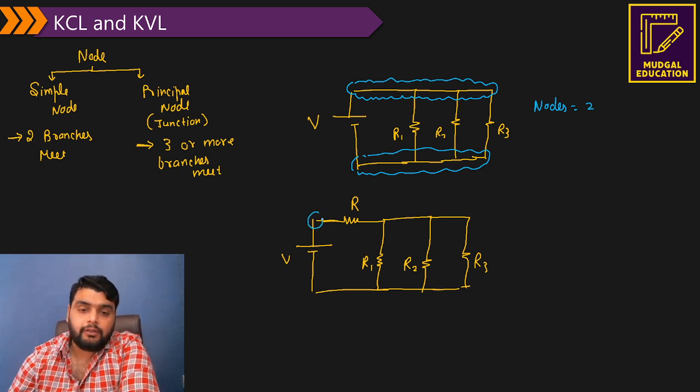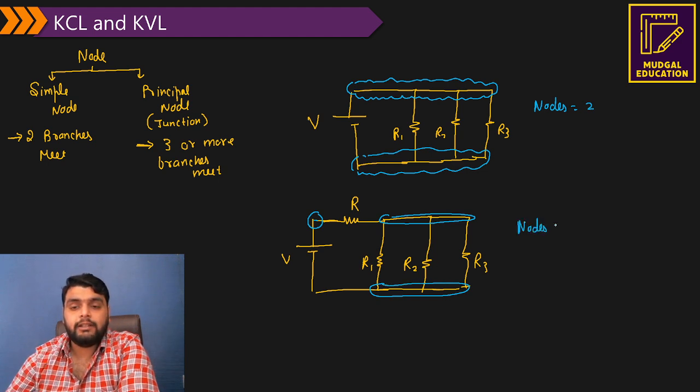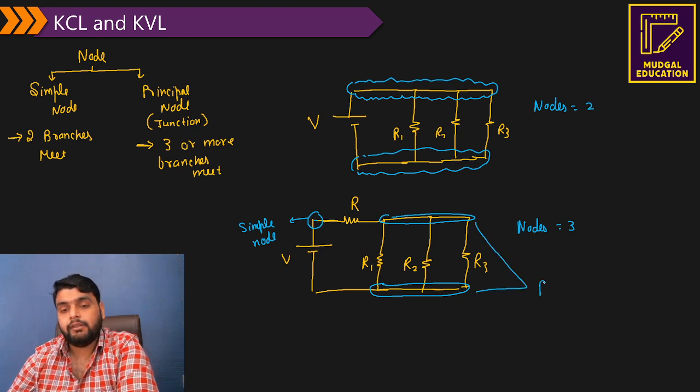We have this node because R and V are connected to each other. Then we have this node, and then this node. So we have three nodes. But out of the three, this is a simple node because two branches are meeting, whereas these two are principal nodes.